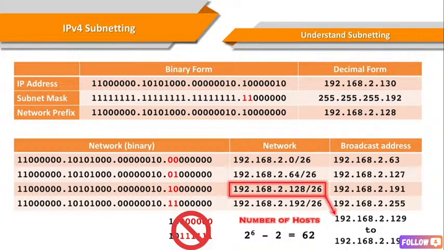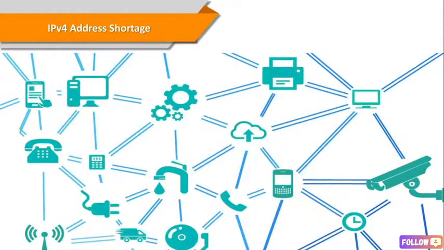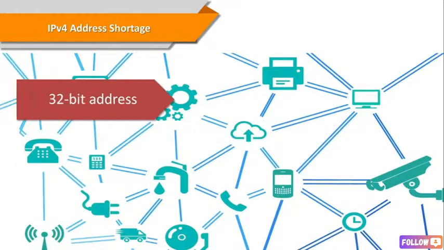So as a result, the IP addresses of the devices in the subnetwork 192.168.2.128/26 will be between 192.168.2.129 and 192.168.2.190.